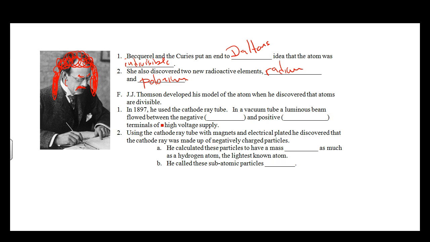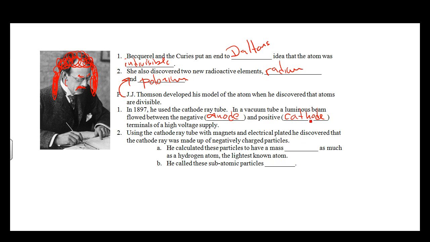He developed his model of the atom when he discovered that atoms are divisible because these people told him. In 1897, he used the cathode ray tube, which you'll learn all about in the next video clip. In a vacuum tube, a luminous beam flowed between the negative anode, A-N-O-D-E, and the positive cathode, C-A-T-H-O-D-E.